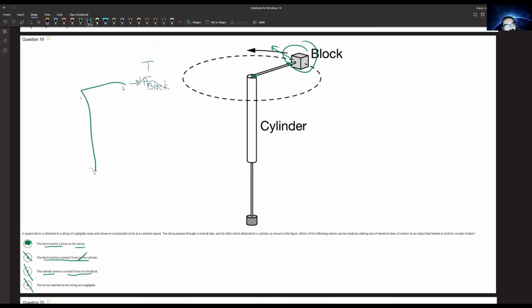And then we would have another tension pulling the string that way, and we would have some kind of contact force from the two. These two tensions would probably be the same, but we'll just call them T1 and T2.